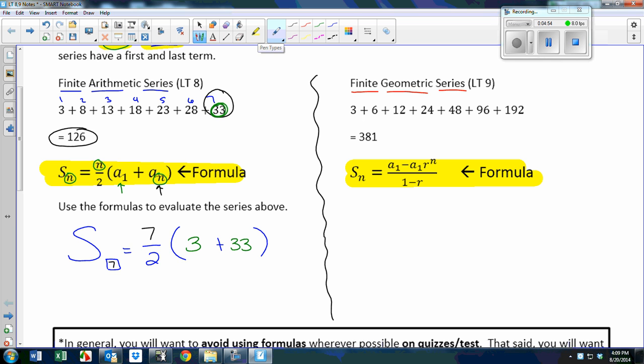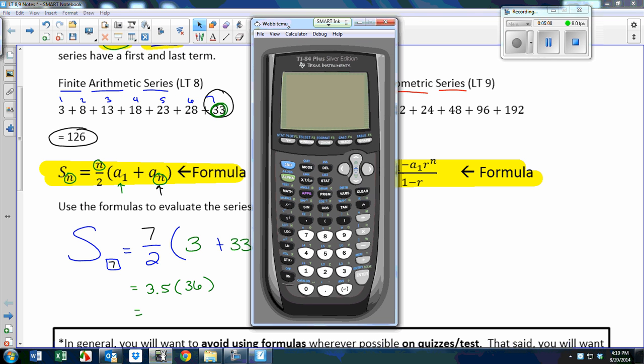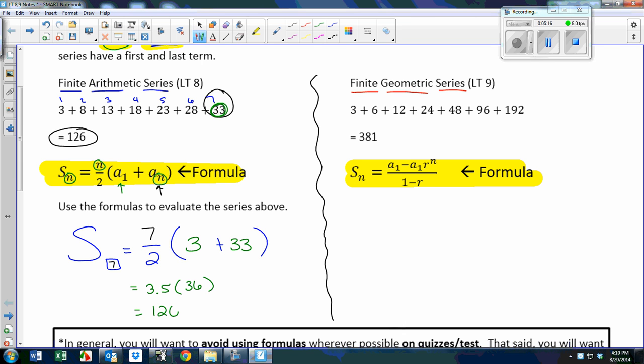All right, so the formula would say to find this sum, take 7, divide it by 2, 3.5, and multiply that times 3 plus 33, so times 36. Pull out the calculator just to prove it. 3.5 times 36. Yeah, 126. So we get the same thing we got if we would have added them up one by one.